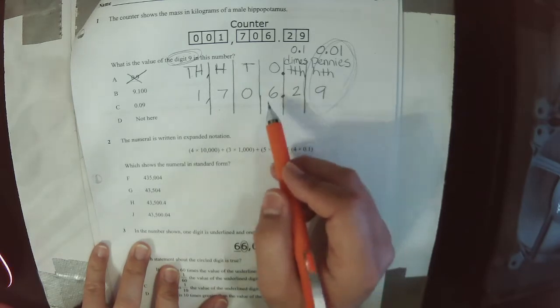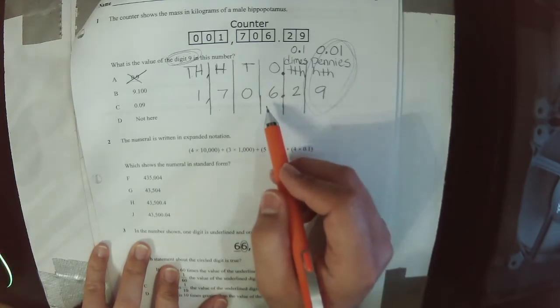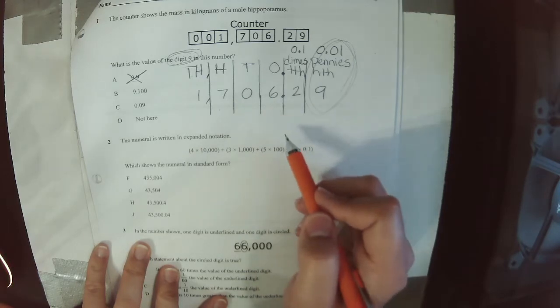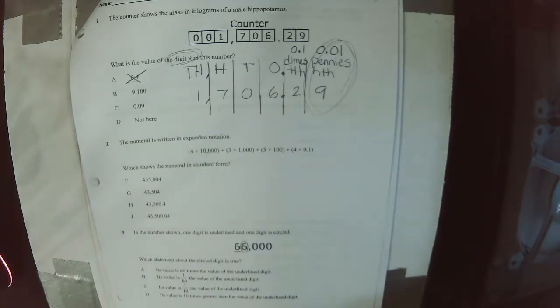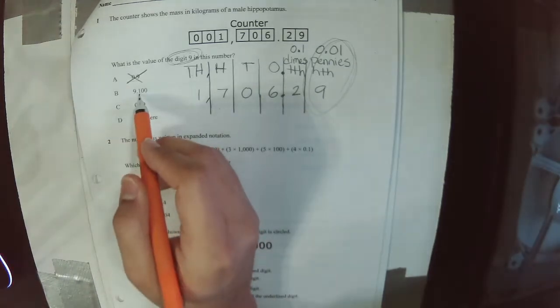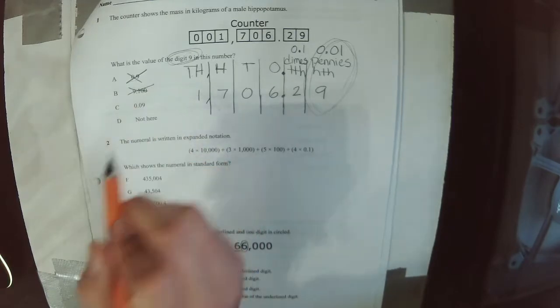Is my 9 in front of my decimal, or is it behind the decimal? Kylie, is it in front of the decimal or behind the decimal? It's behind the decimal. So this one has it in front of the decimal, not where it belongs.